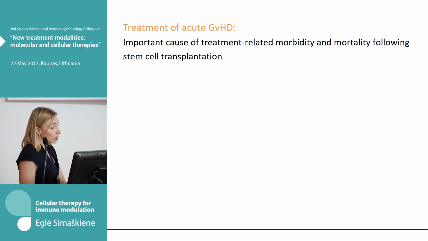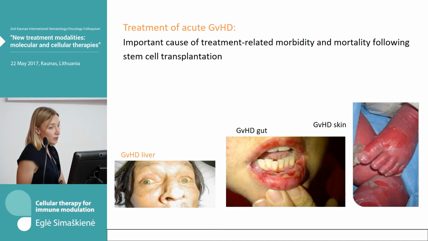One of the best known characteristics, as I said, is their immunosuppressive properties, and these findings provided background for clinical applications of MSCs, especially in the treatment of graft versus host disease. This graft versus host disease is an important cause of treatment-related mortality and morbidity following stem cell transplantation.